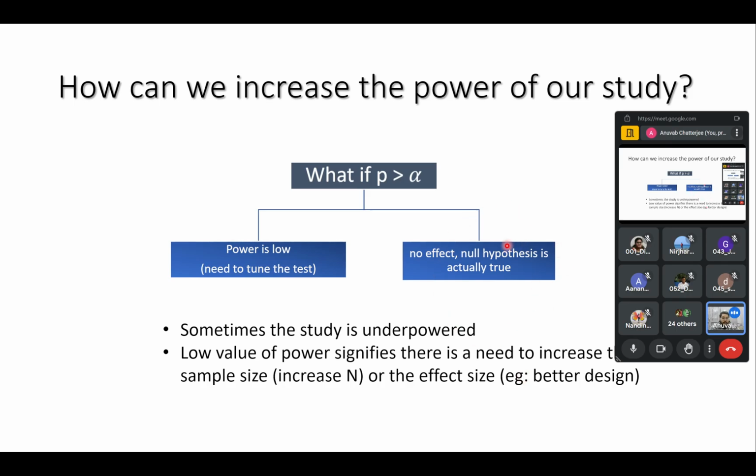Or the other case could be that your n's are sufficiently big and the null hypothesis is actually true, and there is no significant difference between drug A and drug B, or say your coin is actually fair. But you always have to make sure that you do not have an underpowered study where you cannot actually conclude because either the n's are very low or your effect size or design is not very nice.